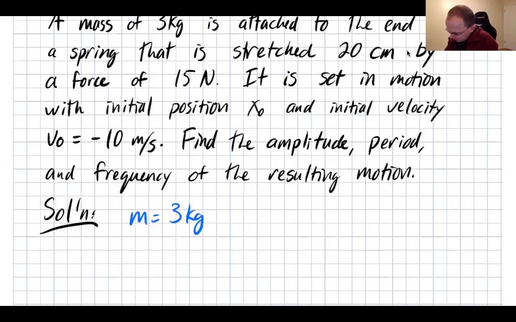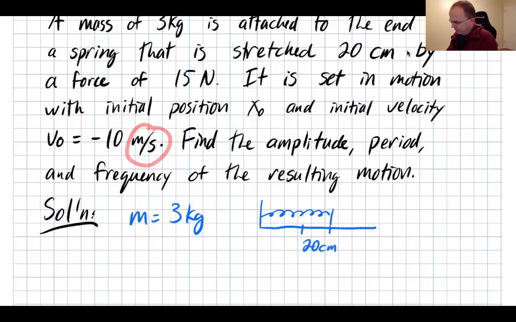Okay, so we need to work out what the spring coefficient is. So this spring, when we stretch it, say this is stretched from here to here. This is 20 centimeters. I think we're going to be putting everything in meters though, by the looks of it.